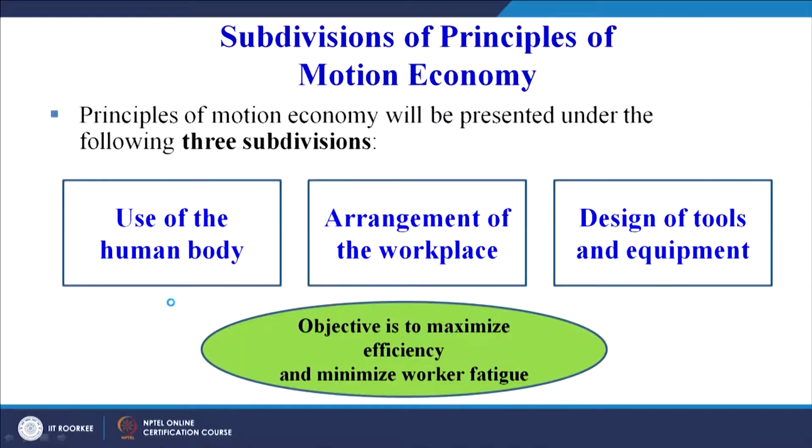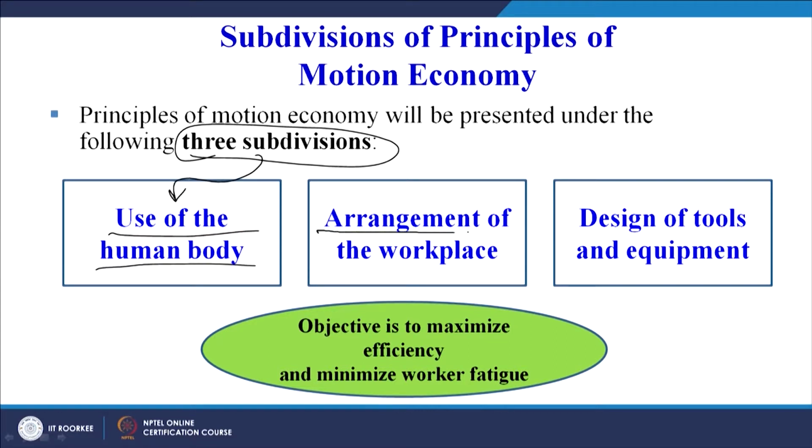Now basically the principles of motion economy are divided into three. I started today's discussion with the three major elements of any work that is being done, with the example of this recording studio. So again coming back to that, what are the three subdivisions? First one is the use of the human body.